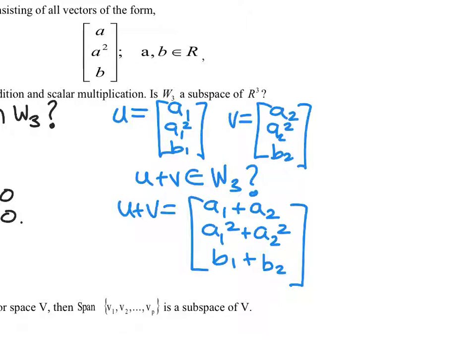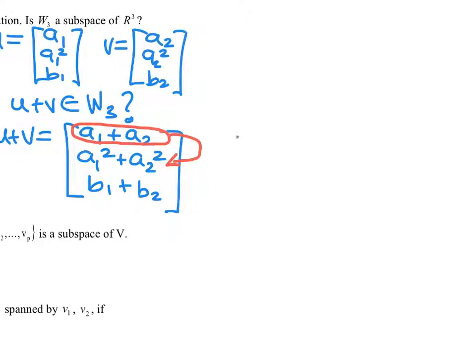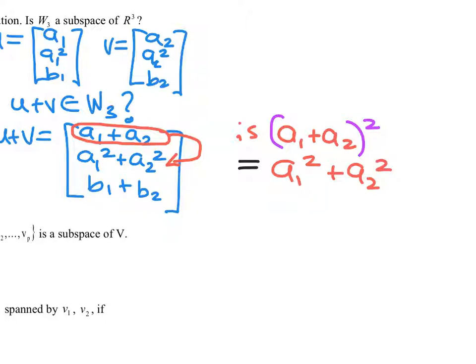I would need this entry squared to give that entry. So is (a1 plus a2) squared the same as a1 squared plus a2 squared? And the answer is only if there are zeros.